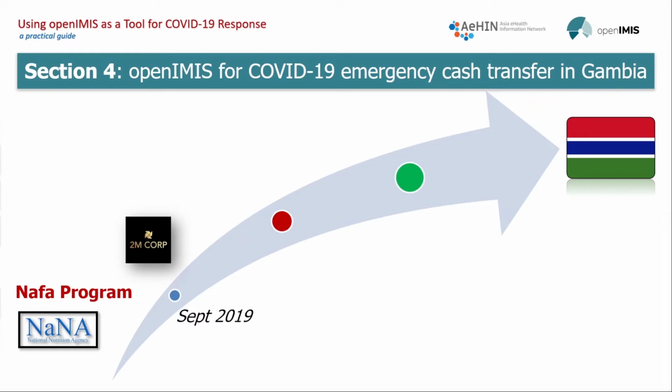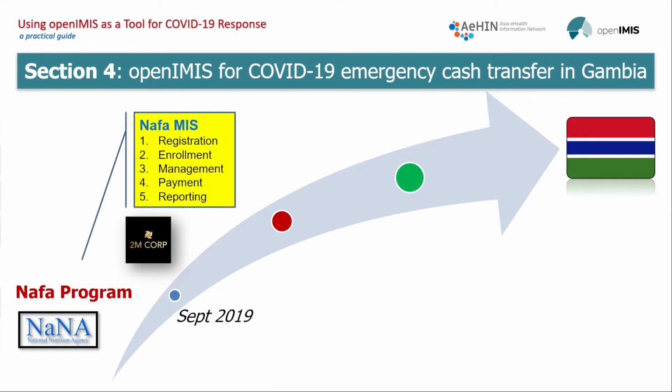The NAFA MIS modules include the registration of households, enrollment of eligible households, management of benefit packages, payment of benefit packages, and reporting. When COVID-19 hit the country in 2020, the NAFA project was revised to respond to the need for immediate temporary cash transfers to affected households.